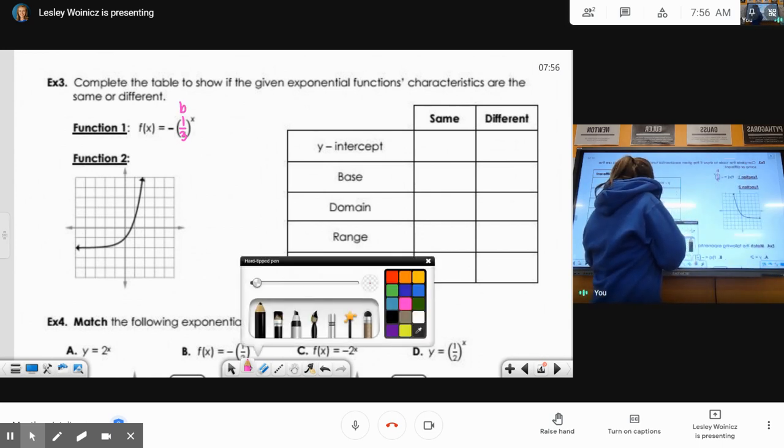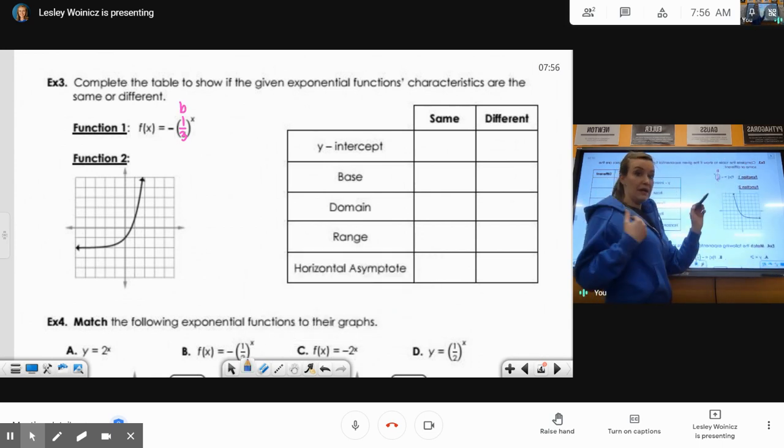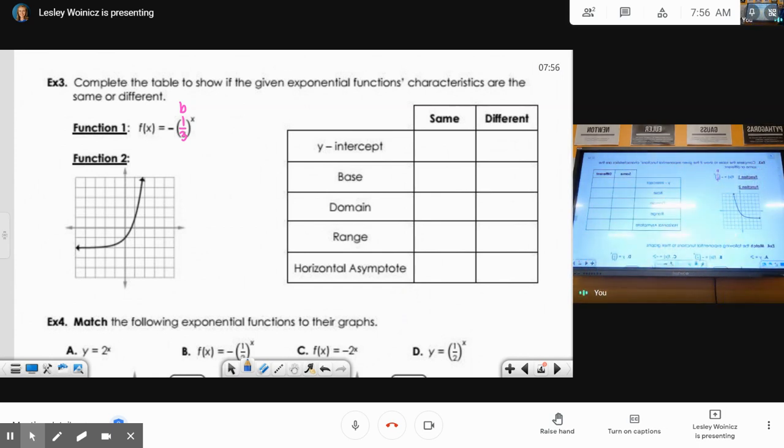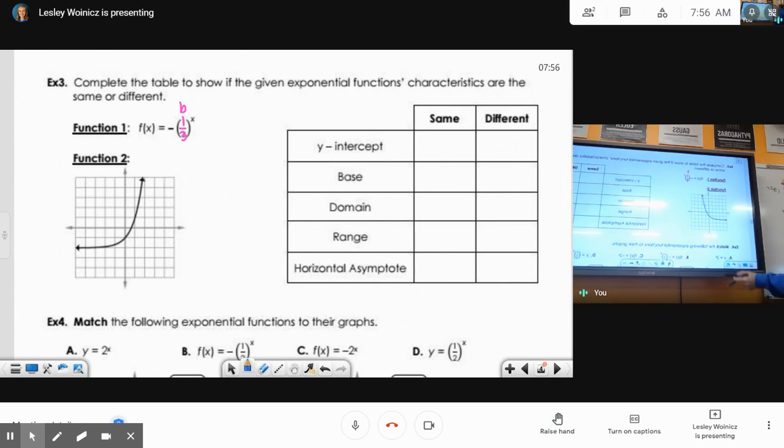But for function 2, I need a table to find my common ratio, and then I can use that as my base. So I'm going to make a little table of my pretty points from function 2. So that's 0, -1, and 1, 1.